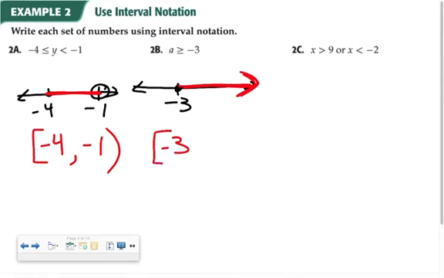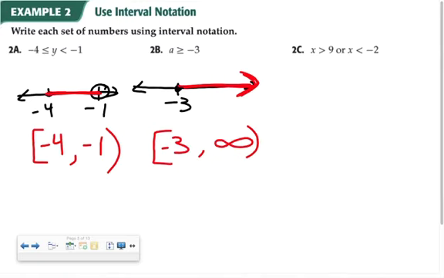It is inclusive, so I put a square bracket on that, comma, my end value. Well, I don't actually have an end value because it goes on to infinity. So we notate that. And since infinity isn't an actual value, we put a parentheses anytime there's an infinity involved.